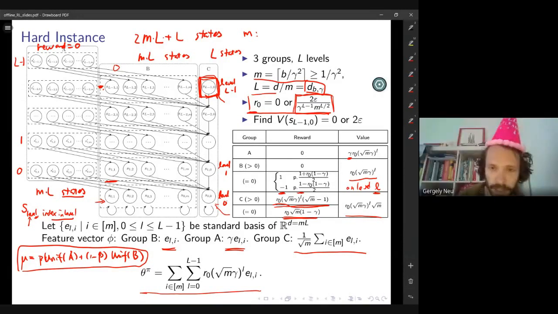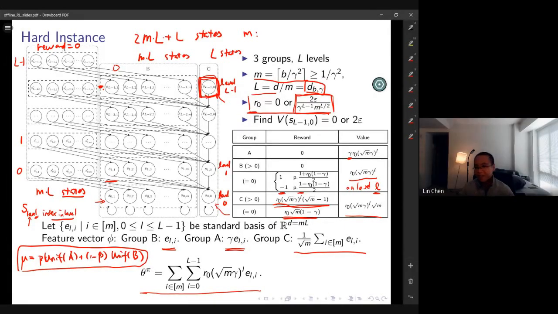All right, that explains what B should be, 2 or e. Did I make the lower bound clear? I mean, the hard instance clear? Okay, yeah, that would be great.